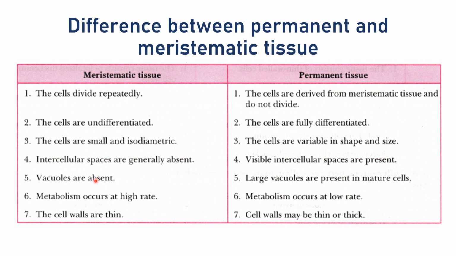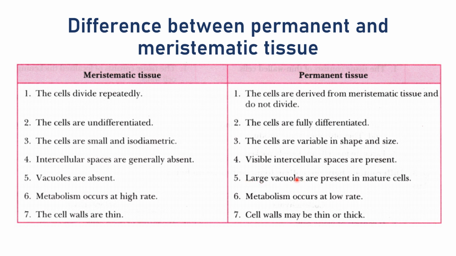Vacuoles are absent in meristematic tissue. There is no need of vacuoles, so you will find a big, huge nucleus here. The nucleus is quite big, but vacuoles are absent. Whereas in permanent tissues, large vacuoles are present in mature cells. Almost 90 to 95% of cell volume is occupied by large vacuoles.